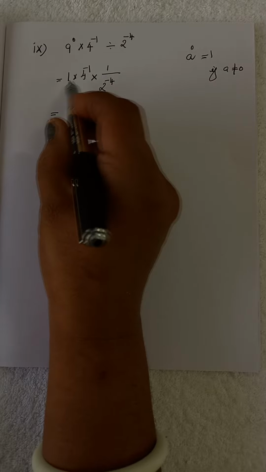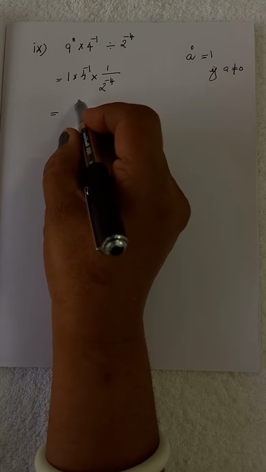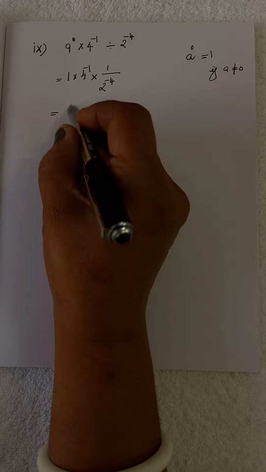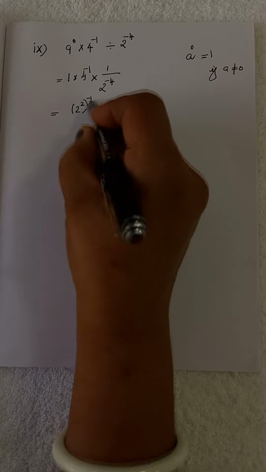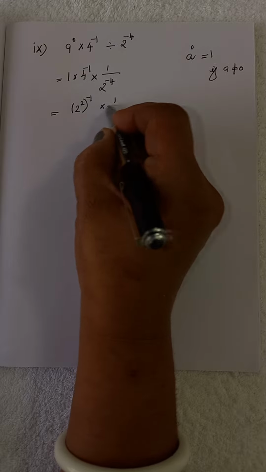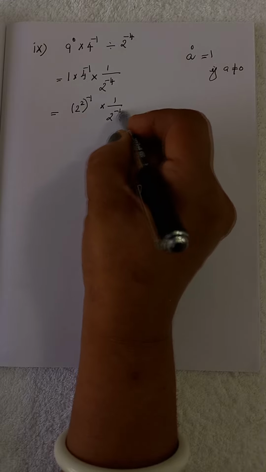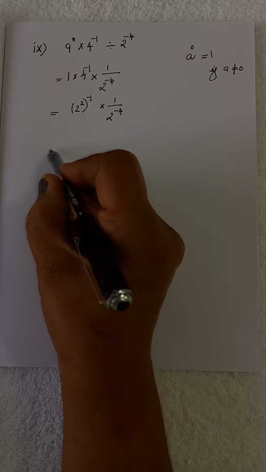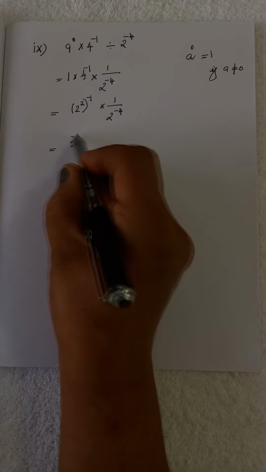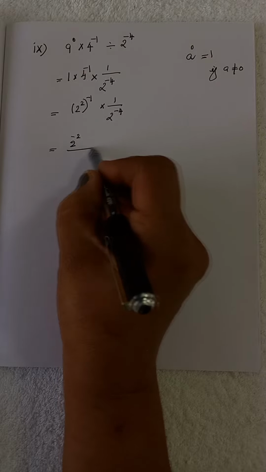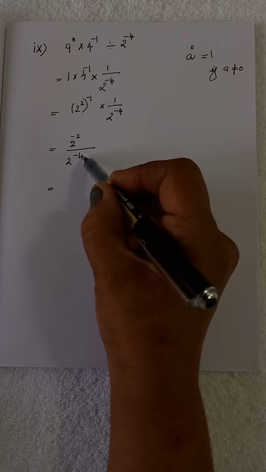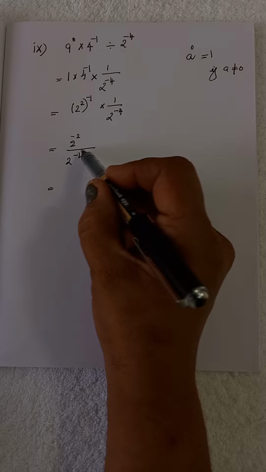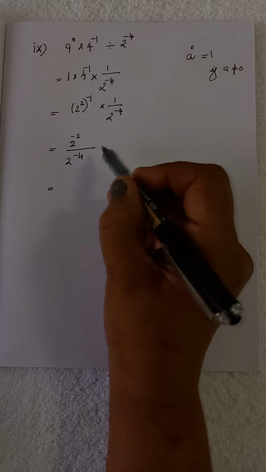This is equal to 1 into 4^(-1), that is 4^(-1). What is this 4? 4 means 2^2. So that raised to minus 1 into 1 by 2^(-4). Now this is equal to 2^(-2) by 2^(-4). That power in the denominator is given as minus 4.